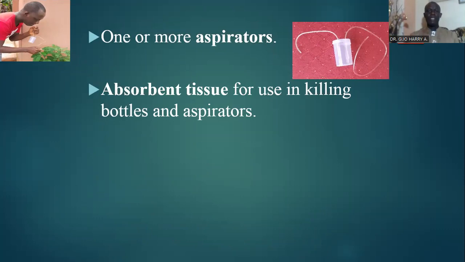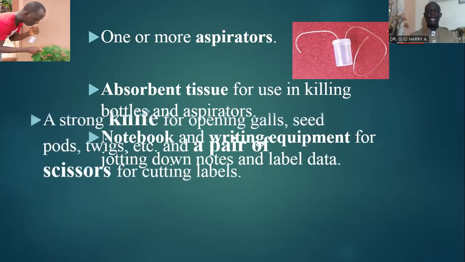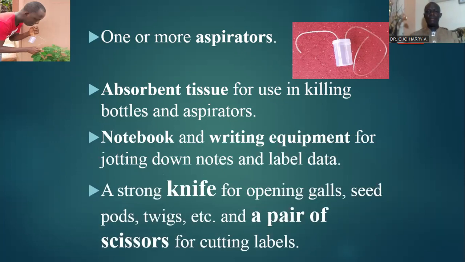We also need a notebook and writing equipment for jotting down notes and label data, and a strong knife. The strong knife is used for opening galls, seed pods, weak twigs, and so on, and a pair of scissors for cutting labels.